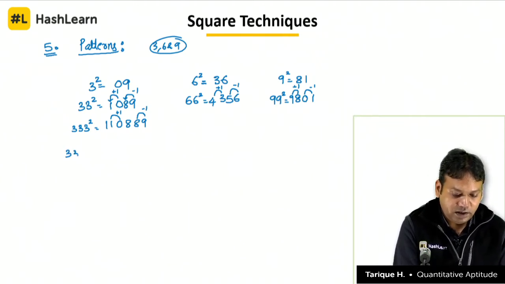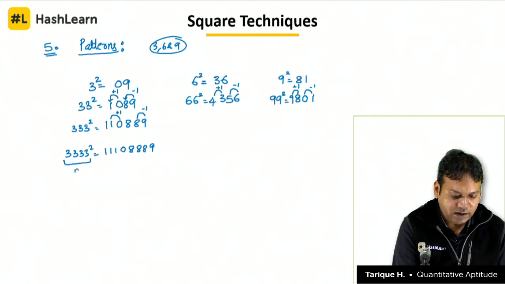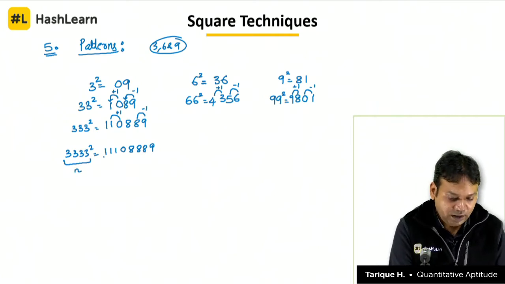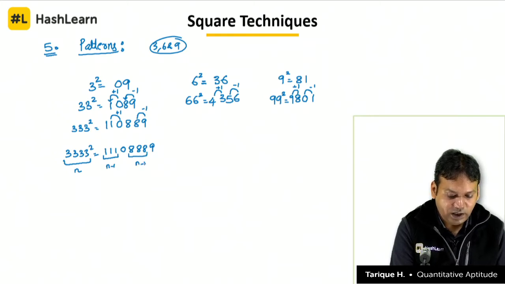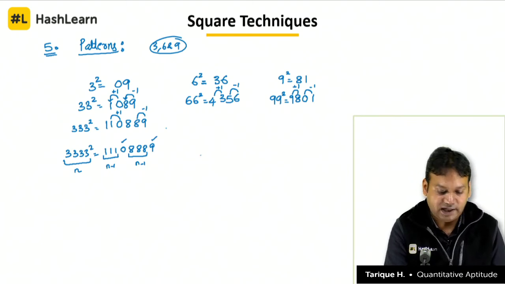So, 3333 square will become 11108889. So, what we can say is that if the number of 3's is n, the number of 1's will be n minus 1, the number of 8's will also be n minus 1, and the 0 part and the 9 part will be fixed. And the same thing we can do for 6 as well as 9.